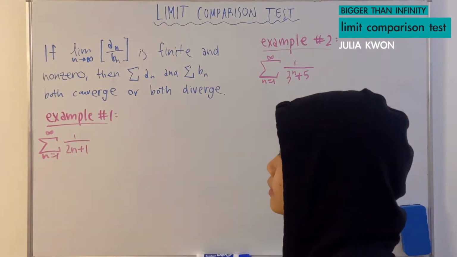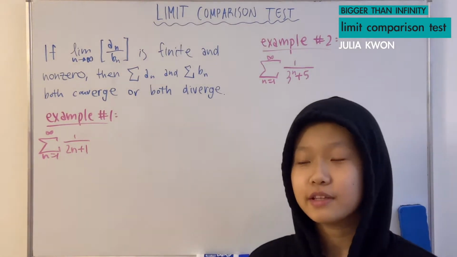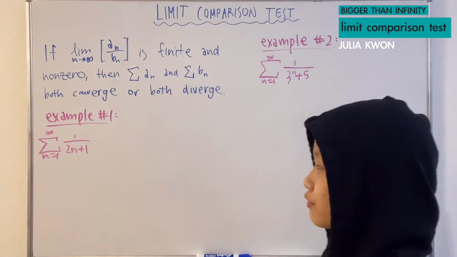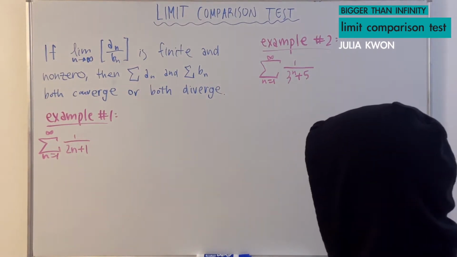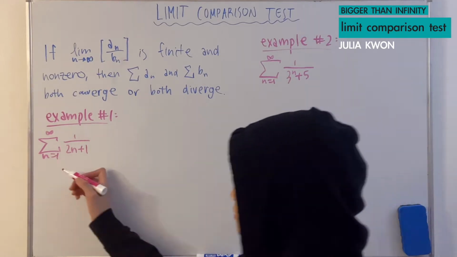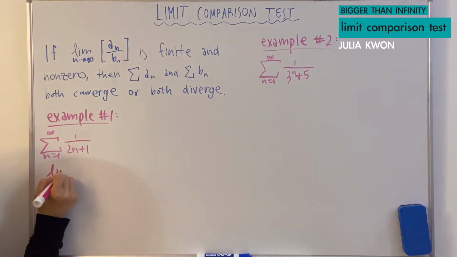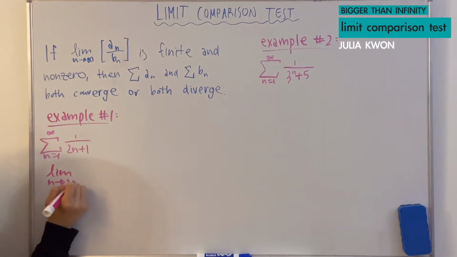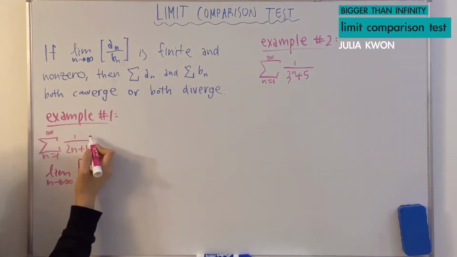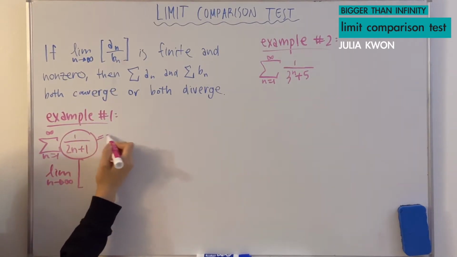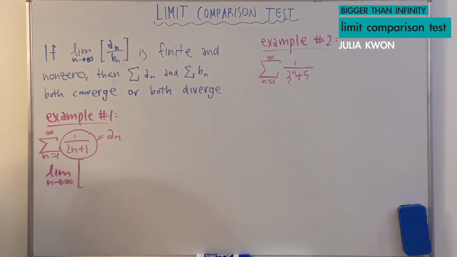Example number 1. We have the infinite series of 1 divided by 2 times n plus 1. We're going to use the limit comparison test, and if we take the limit as n approaches infinity of a sub n, which is just 1 divided by 2 times n plus 1.